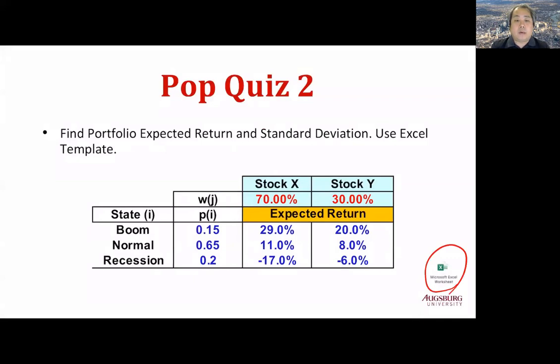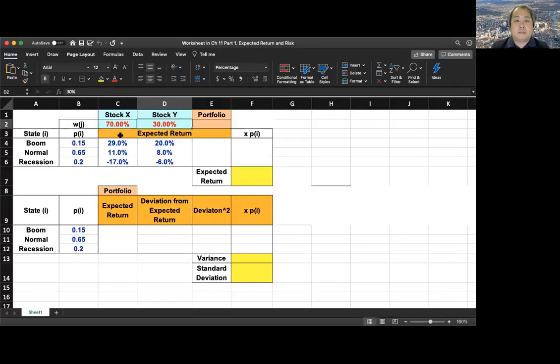We have weight of each stock. 70%, 30%. So portfolio expected return of each economy state is sum product, first series weight, second series expected return.